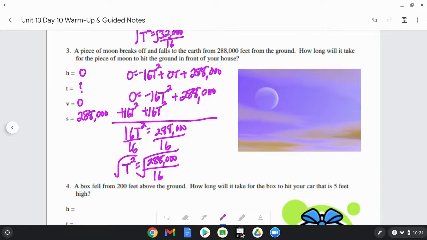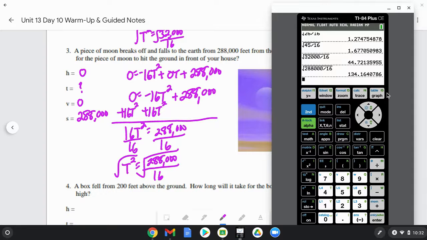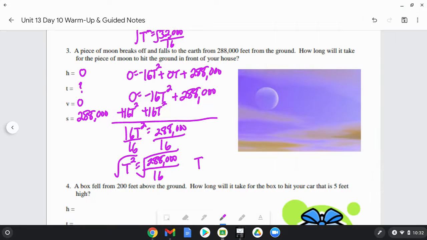So now if you were to do second, square root, 288,000 divided by 16, 134.16 seconds is my answer for number 3.